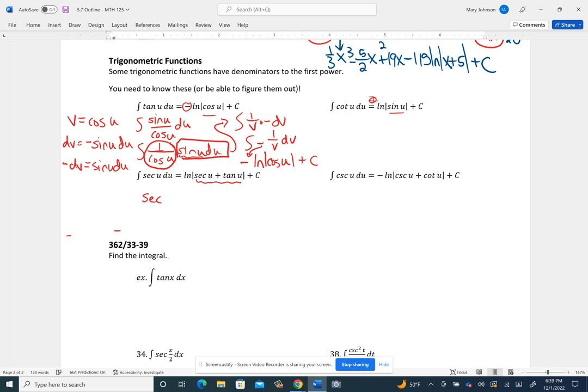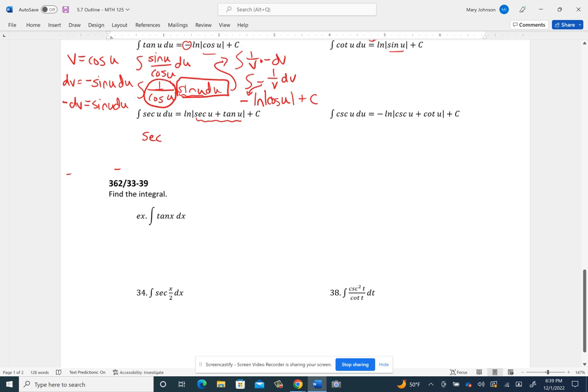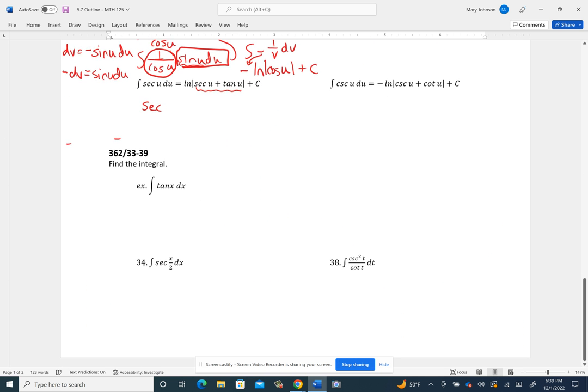Okay, what I can do is take my secant u that I had to start with. I can take that secant u plus tangent u. Notice that secant u plus tangent u that I had in there, and I'm going to try to get that into the mix somehow.